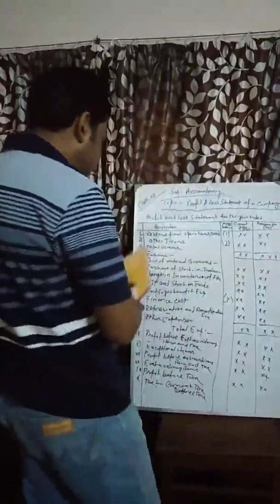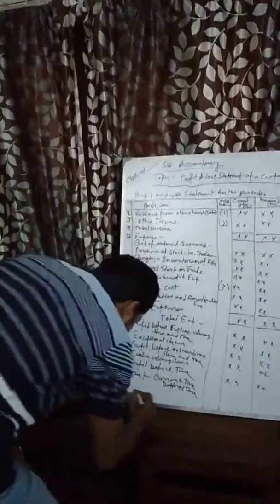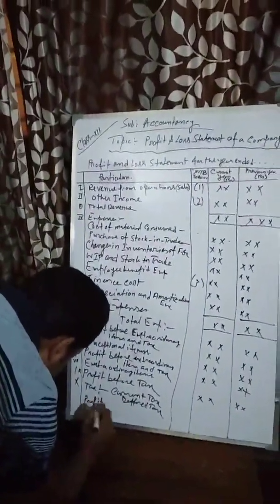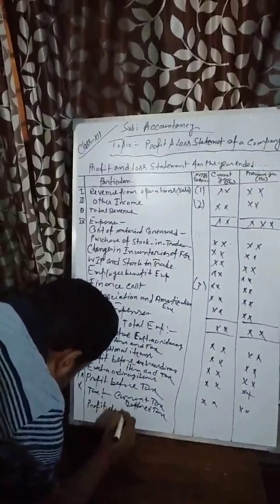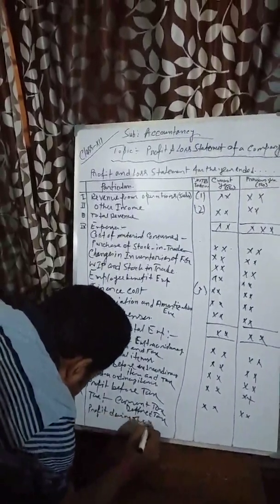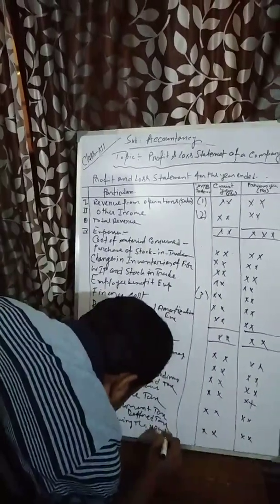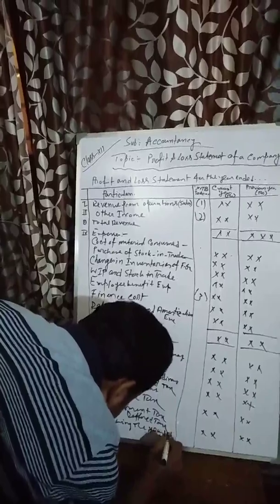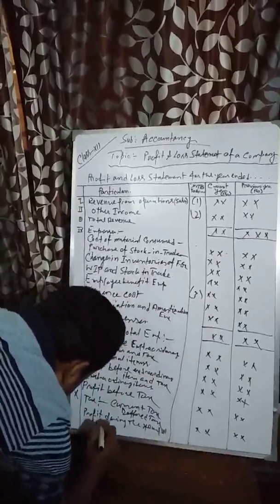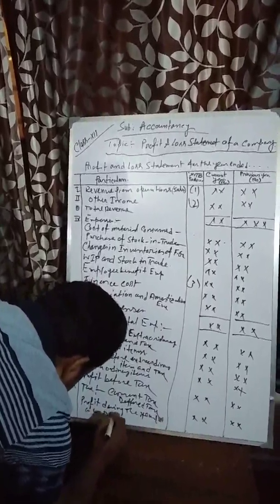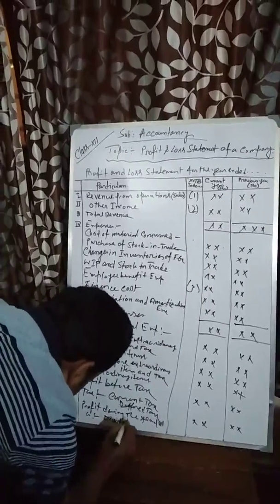After that, what happens? Profit during the year, and that you transfer to your balance sheet. No, sorry, that is the profit from the year. From there you have to deduct your dividend, the equity dividend.